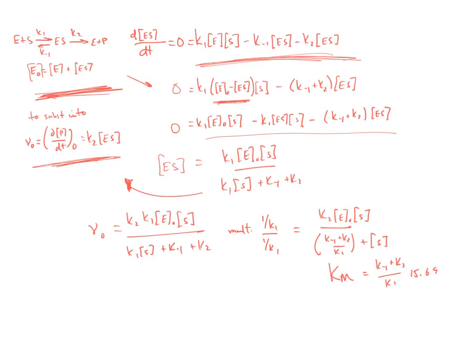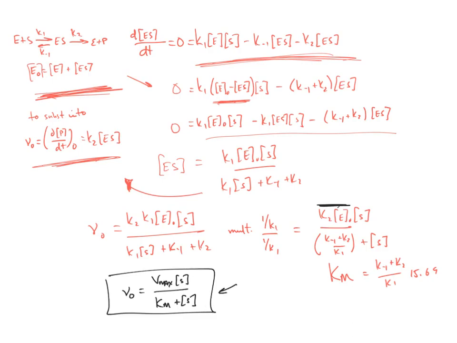So if we insert this Michaelis constant, and also what we know about this expression, which we defined as Vmax on the previous slide, the initial rate is going to be Vmax times the substrate concentration over the Michaelis constant plus the substrate concentration. There's some other things you could do with this under different conditions in the textbook, and I'll leave you for that. But my point here is to show you that we're getting an equation that looks very much like the hyperbola with essentially a different, although nuanced, different mechanism.